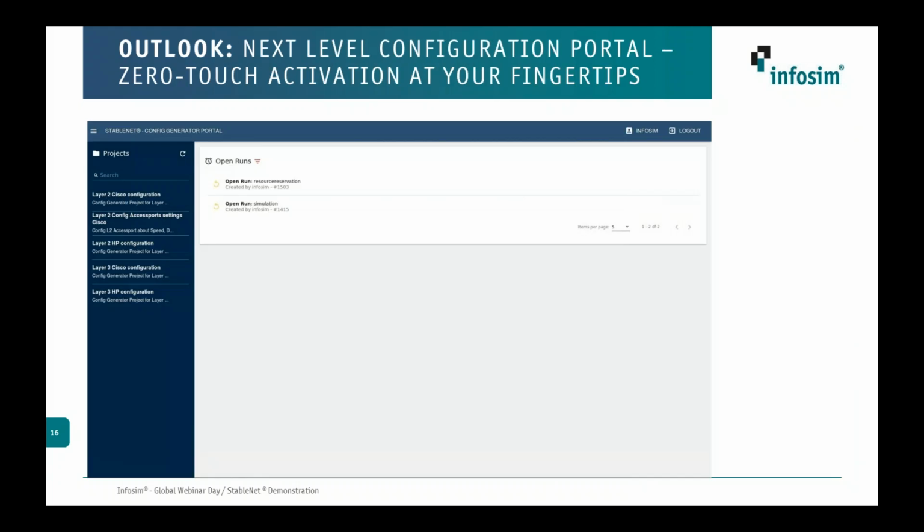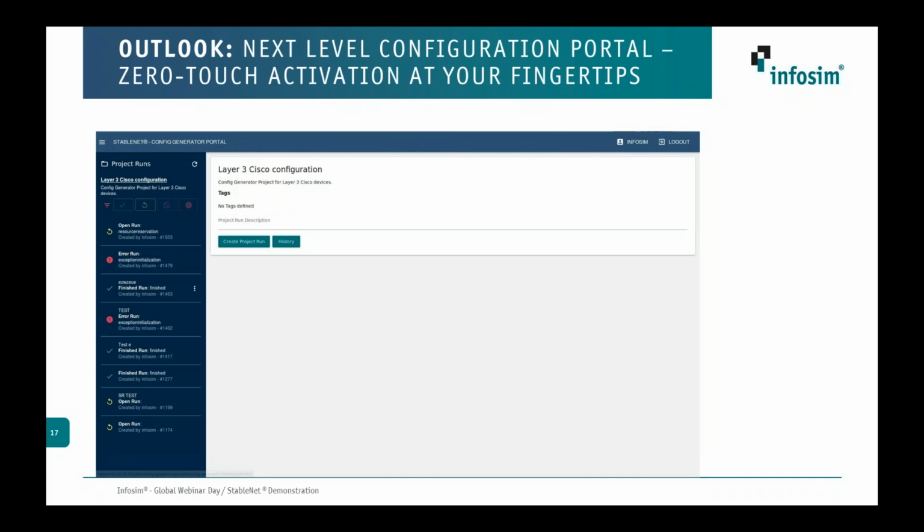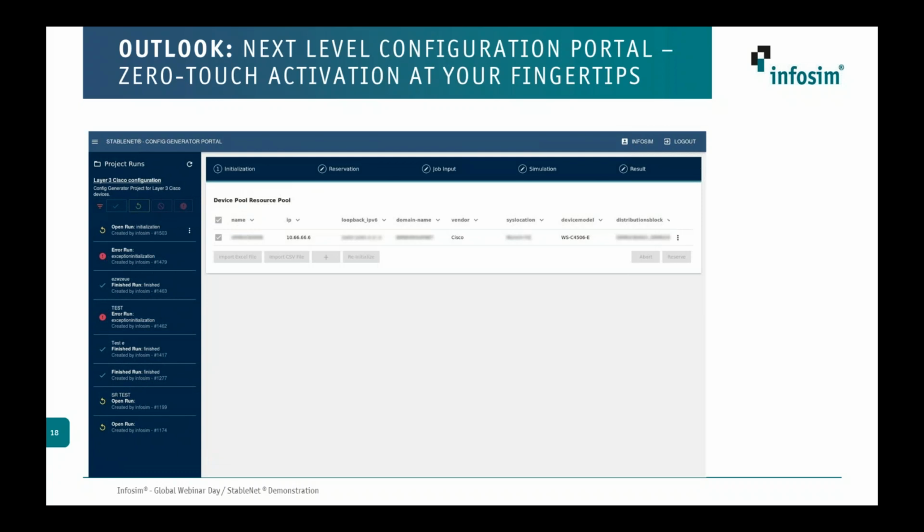We are also working on a next level configuration portal, which will allow you a zero-touch activation at your fingertips. When you start this portal, you can see different projects which allow you different kinds of tasks to fulfill. For example, when you select the layer 3 Cisco configuration, you can, in the first step, select the devices on which this configuration shall be rolled out.